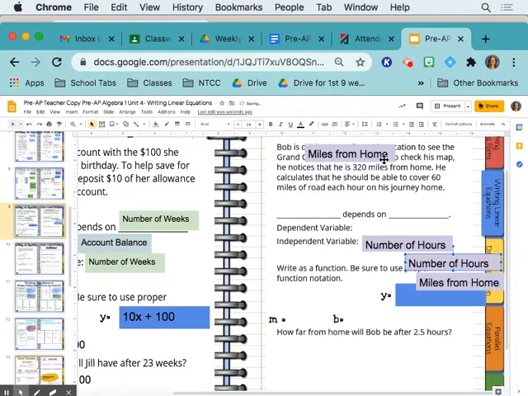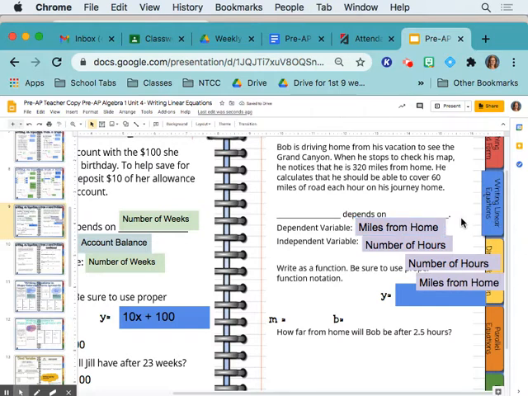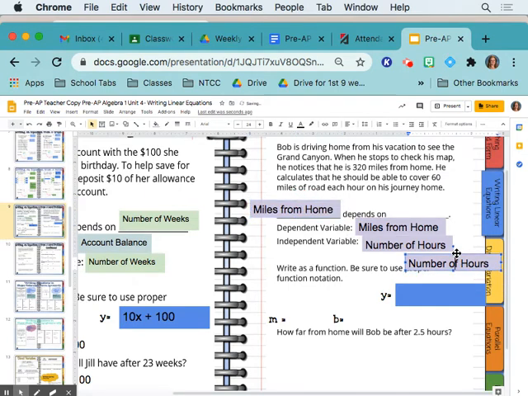So then miles from home is your dependent. So then what depends on what? If this is the dependent and this is the independent, miles from home depends on number of hours driven.